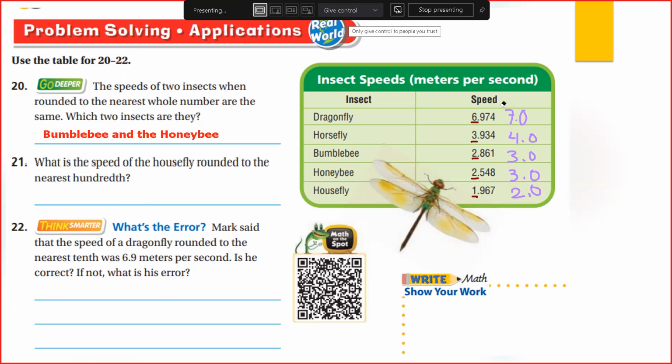Let's see, I will clear this here. Now look at the housefly and round it to the nearest hundredths. Where's the nearest hundredth? This one. How it will be? Bravo, it will be 1.97 because Muna said that 7 can give 6, so it will be 1.97. Thank you, Hunada. Thank you, Muna, sorry, and Hunada.